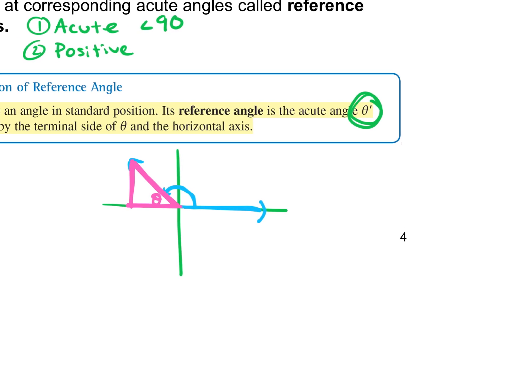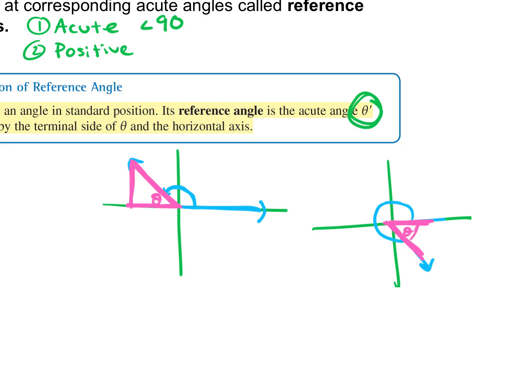If I had another one here, so let's say my angle ended in the fourth quadrant here. Our reference angle would be formed with the terminal side and the horizontal axis. So our reference angle would be this little angle here. So our reference angle is always going to be acute, so it's less than 90, and positive.